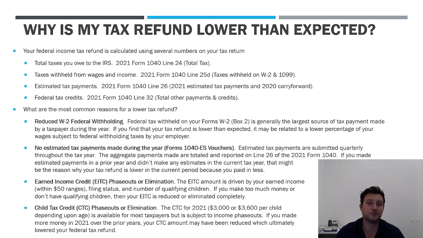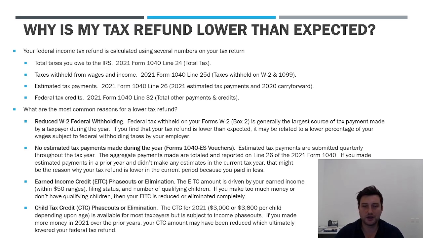So if you make too much money, you're being phased out of the credit. If your children are no longer qualifying children, right? So if they reach an age where they can't be your dependent anymore, now you're also going to have a limitation there because you have no qualifying children anymore. Very important to pay attention to what was creating your tax refund in a prior year and how it changed this year. The EITC is a big one.